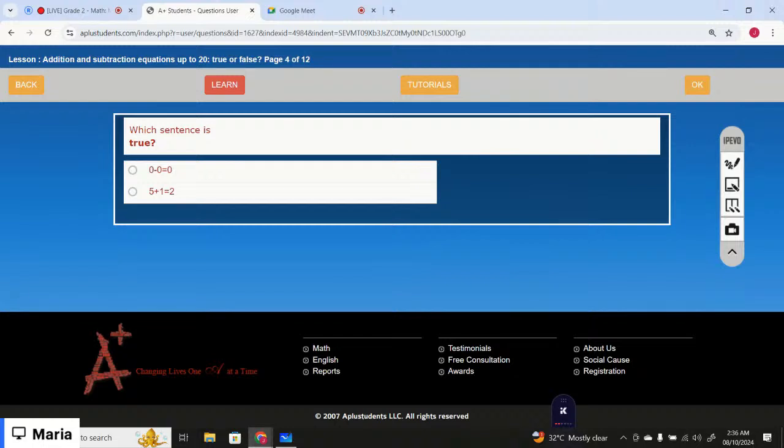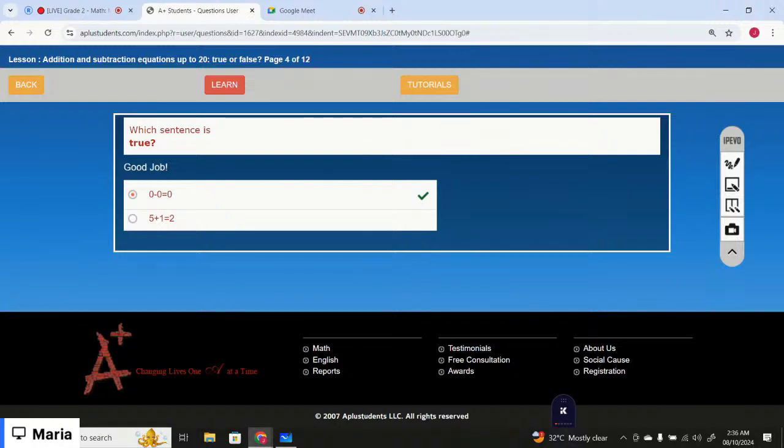The correct option is 0 take away 0 is 0. Option number 1 is the correct option, right? Very good.